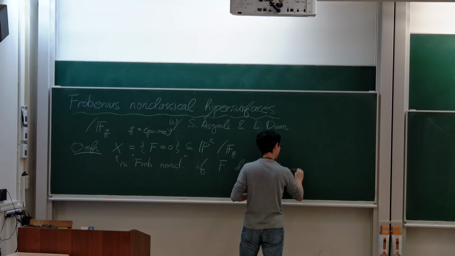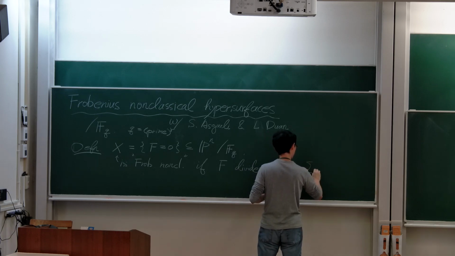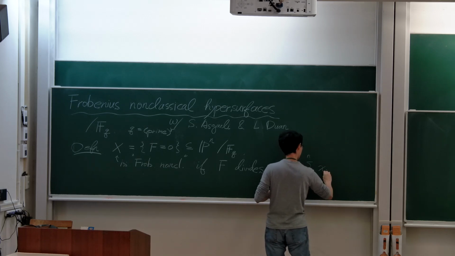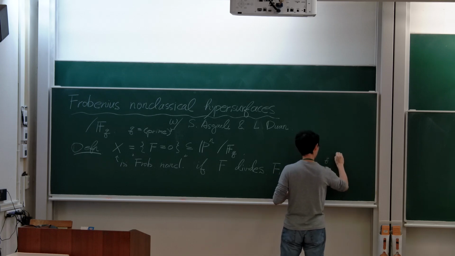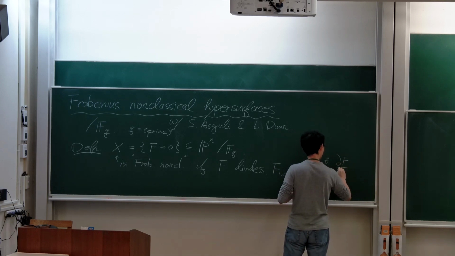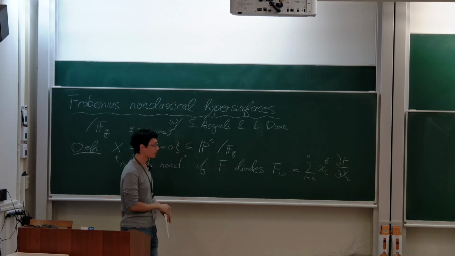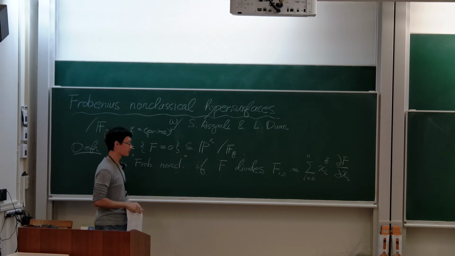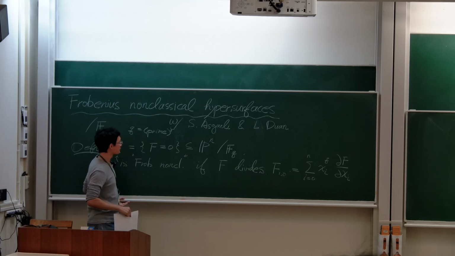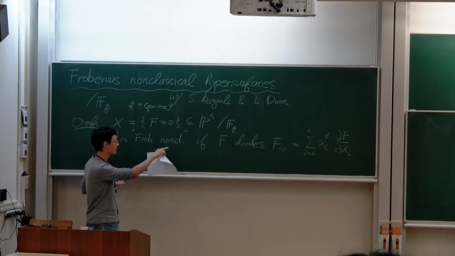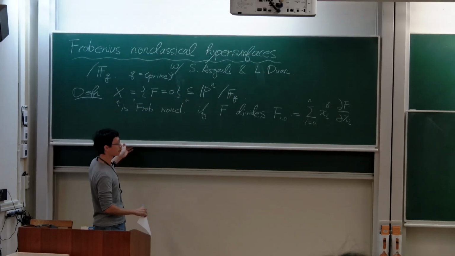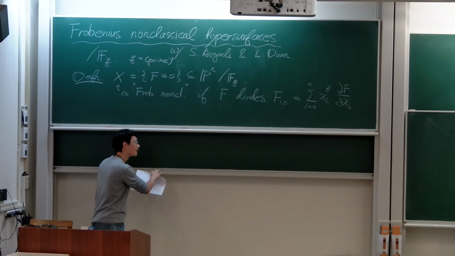It's defined this way: the summation from i equals 0 to n of x_i to the q times the partial derivative of f with respect to x_i. Here the x_i's are homogeneous coordinates of the projective space. So a hypersurface is Frobenius non-classical if f, the defining polynomial, divides that polynomial.